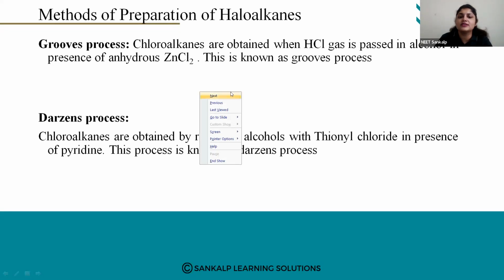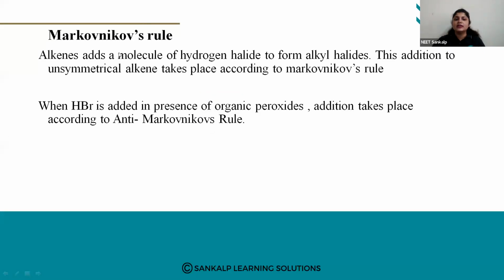So Groves process. Then we are discussing the important methods of preparation, that are the named reactions. Groves process, then Darzens process, then Markovnikov's rule. So what do you mean by Markovnikov's rule? Very important. An alkene adds a molecule of hydrogen halide to form an alkyl halide.